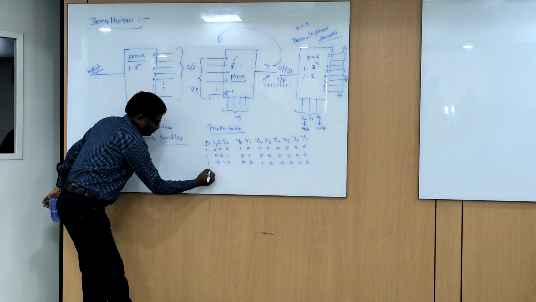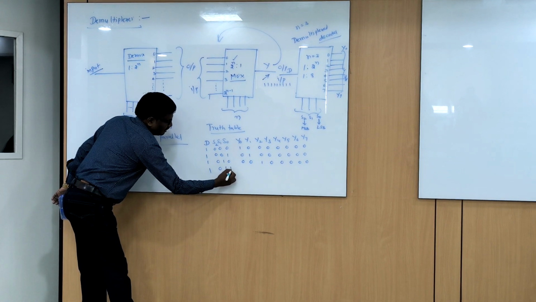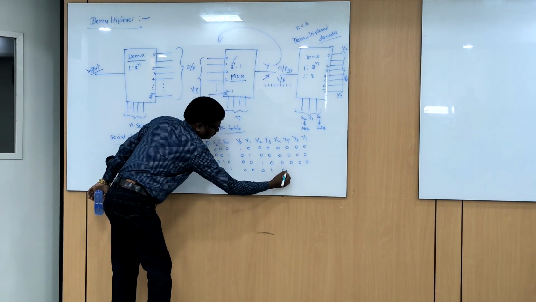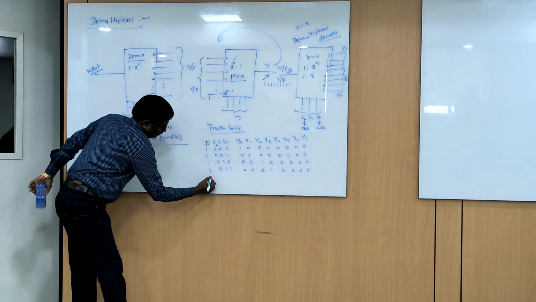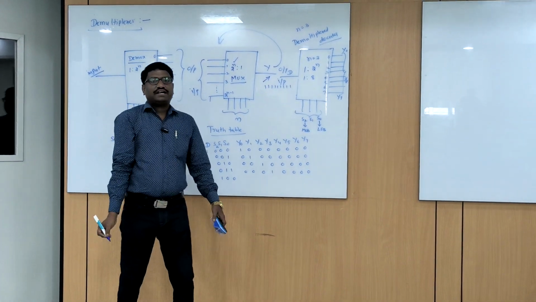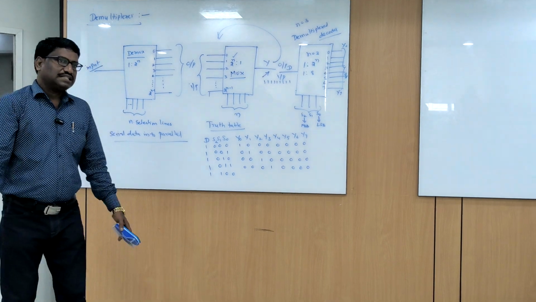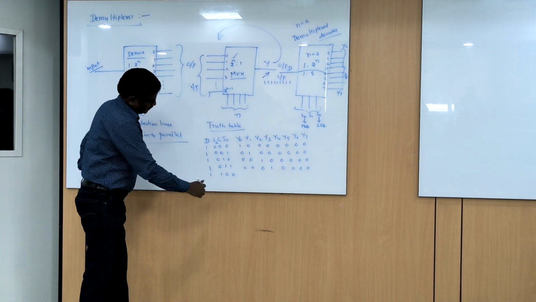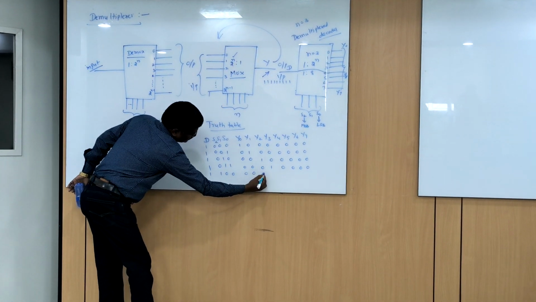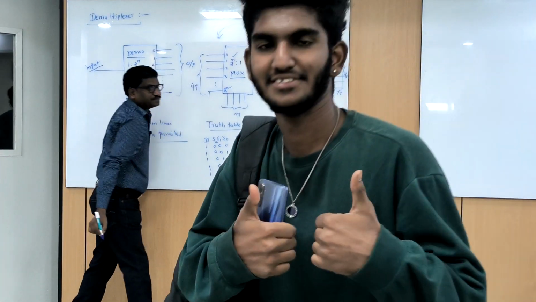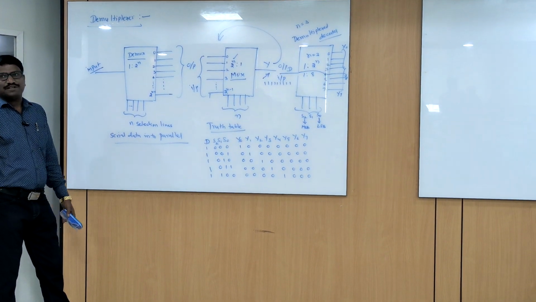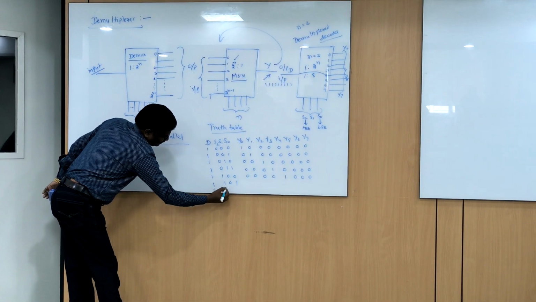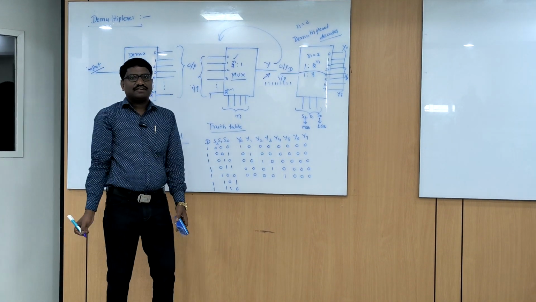Next, input is still 1. What exactly is 0 1 1? It is Y3, with Y3 being 1 and the rest all 0. What is 1 0 0? It is 4. Where is the input routed to? The input will be routed to Y4, so the output is 0 0 0 0 1 0 0 0. Likewise, you have to go for all possible combinations, up to 1 1 1.